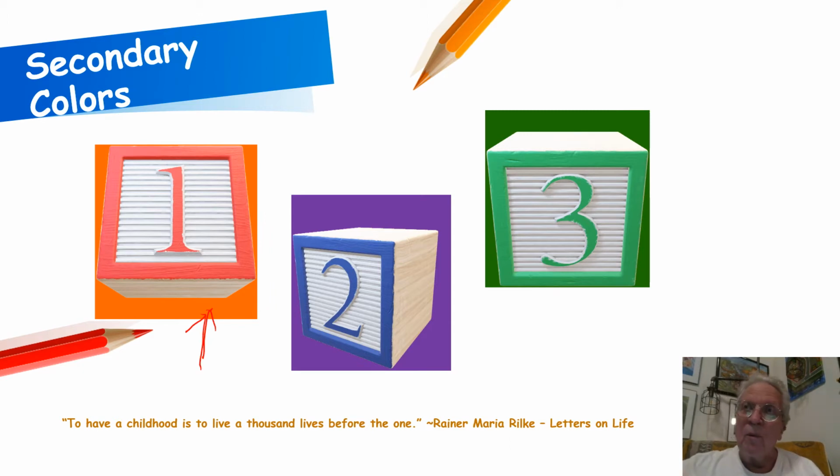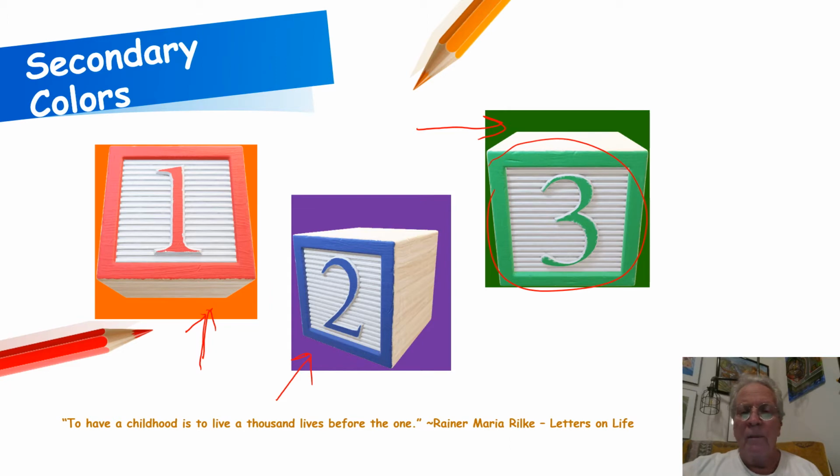And if you remember, when you were blending colors together in order to come up with orange, red was one of the colors, wasn't it? Here's green. We have a green background, and we happen to have a green block here. And remember, what colors did we join together? That was blue and yellow, produced green. And then purple. Okay.